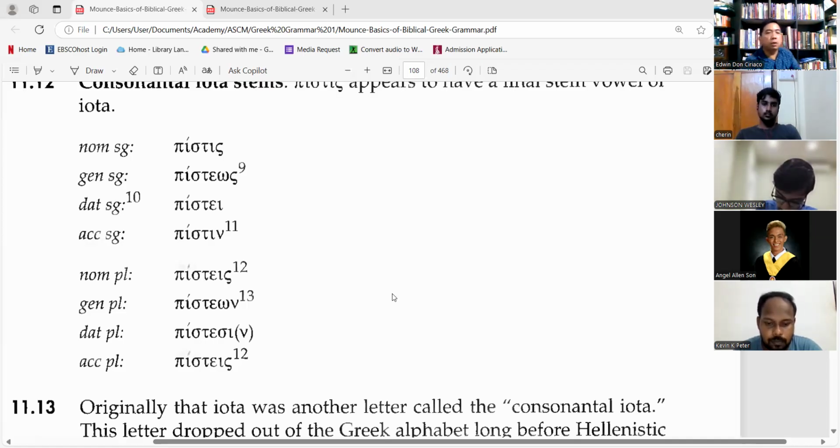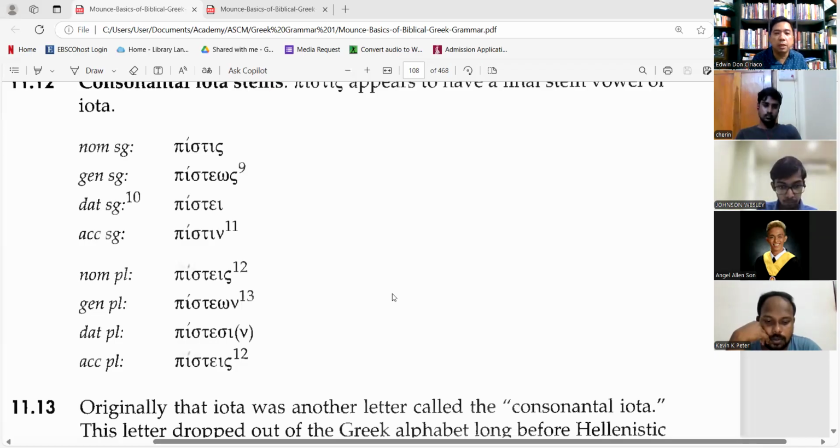The nun versus the sigma, they are both genitives, but it is the nun that makes the difference, okay? And then pisteosin, and then pisteis.